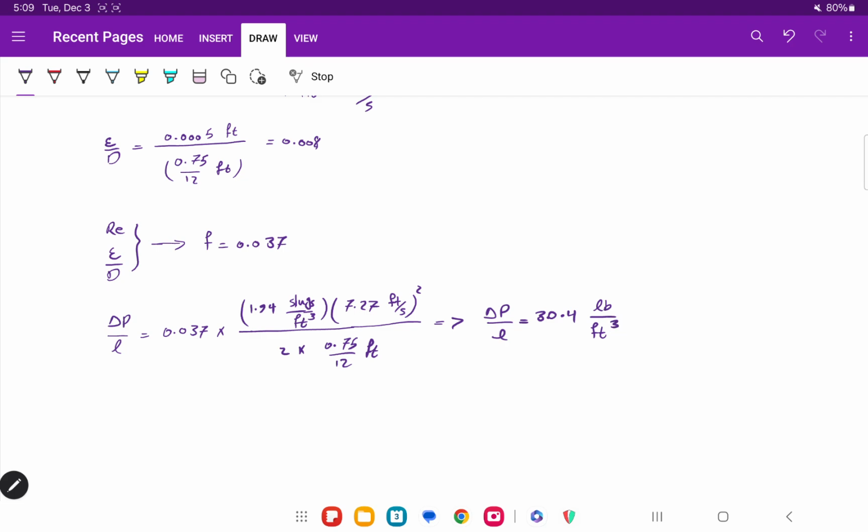And if you multiply it by 1 feet squared equals 144 inches squared, you will have 0.211 psi per feet would be the pressure lost per length for this problem.